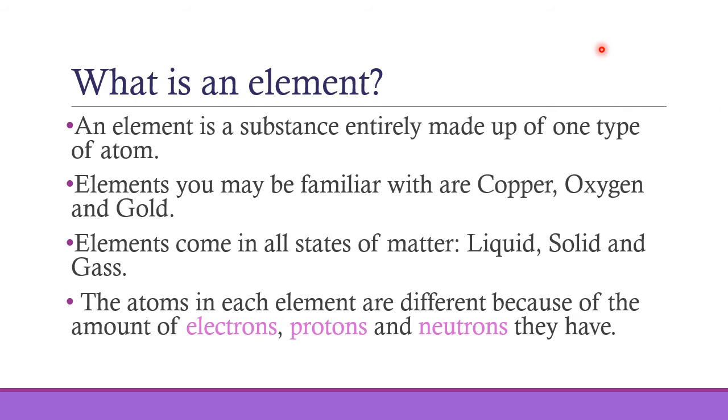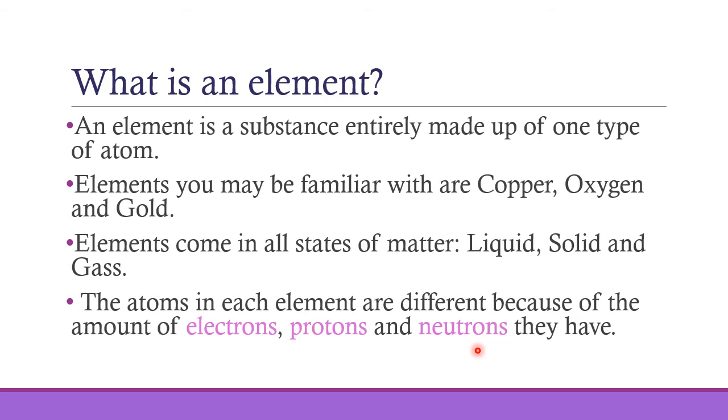Now, what is an element, you might ask? An element is a substance entirely made up of one type of atom. This is how it links in to what we've been studying over the past couple of lessons. Elements you may be familiar with are copper, oxygen, and gold. Elements come in all states of matter, liquid, solid, and gas. The atoms in each element are different because of the amount of electrons, protons, and neutrons they have.